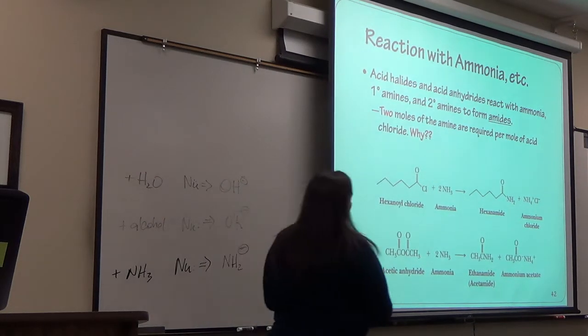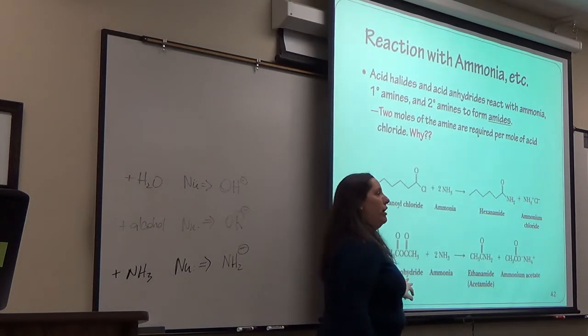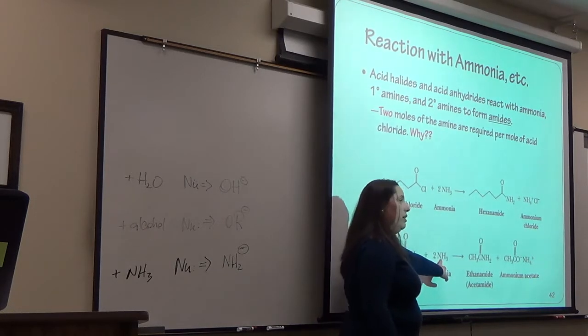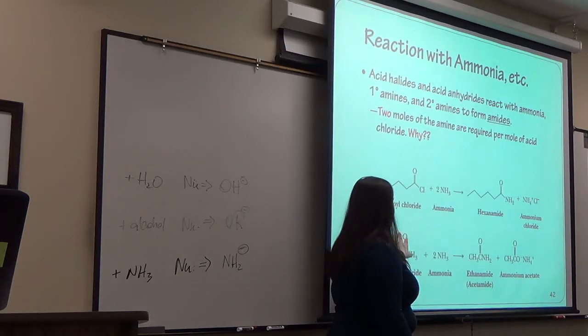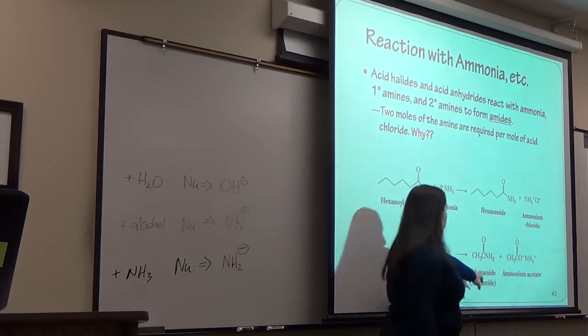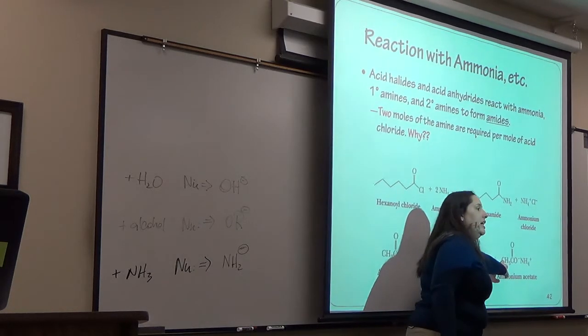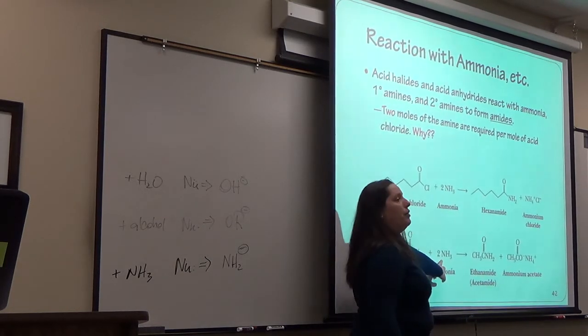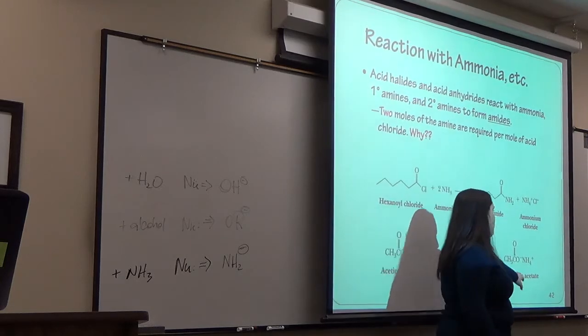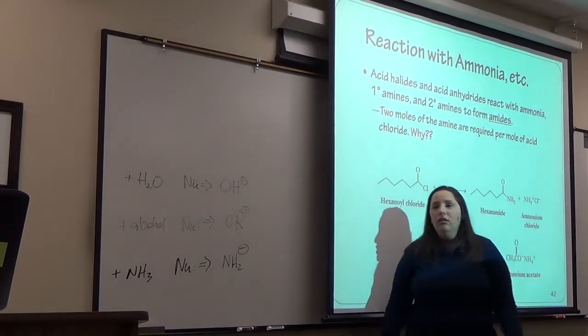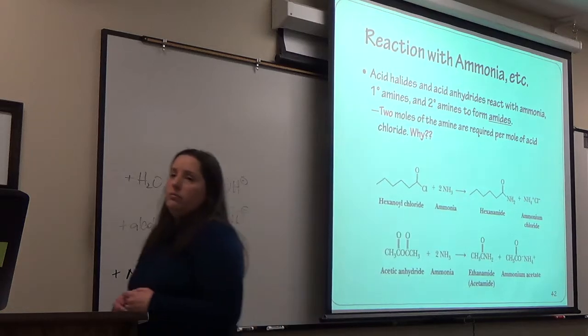This also works for acid anhydrides. So again, the nucleophile, ammonia, attacks, opens, closes, and then a leaving group. And again, it's going to couple with another ammonium molecule. So this is ammonium acetate, the ion.